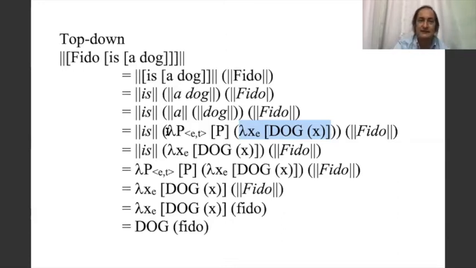This says find something that can act as a P. It has to be of type ET. Well, this is of type ET. What do we do with it? We take it and we substitute it in place of P and give back the result. So this whole thing up here reduces to this. That's what we get by putting lambda x dog x in place of P and giving back the result.